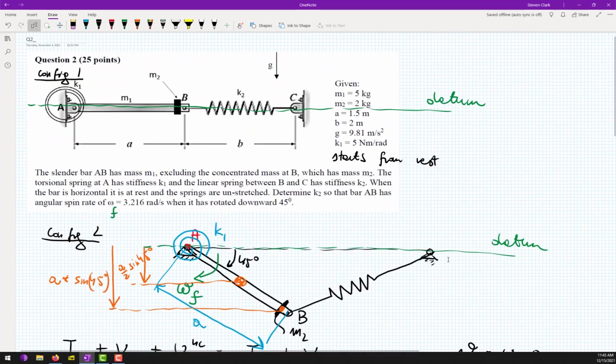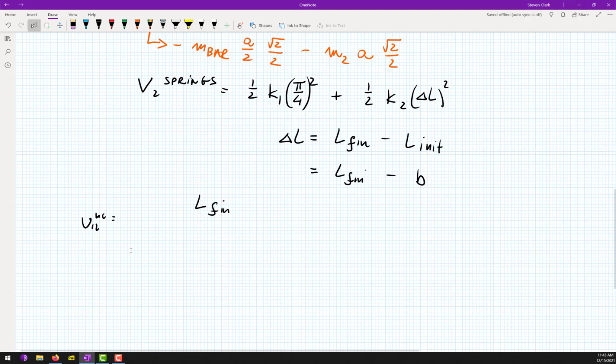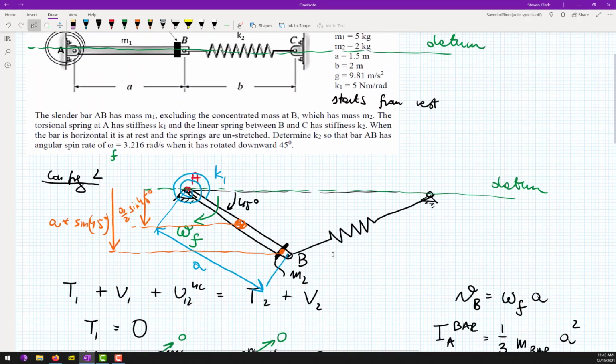L initial is easy to find. Yes, L initial is B. This is the length of our spring. So it will be L final minus B. And now the question: what is L final? Let's see.